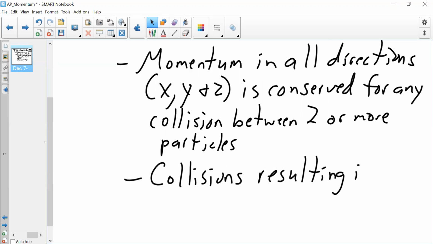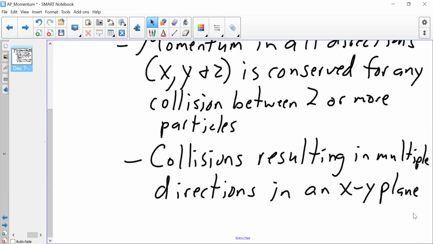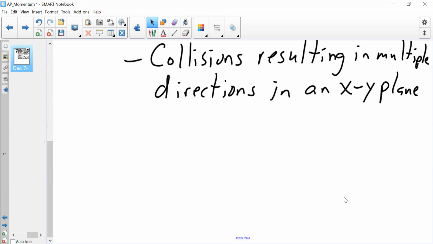Collisions resulting in multiple directions in an XY plane. So just think pool table. You guys played pool before? Seen it being played?